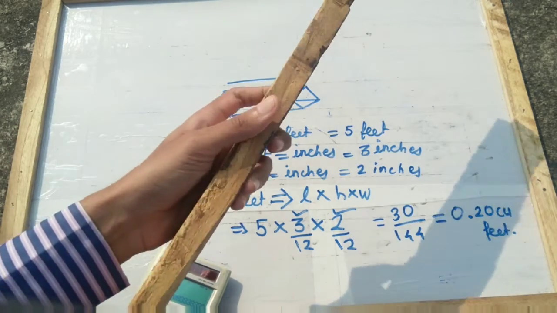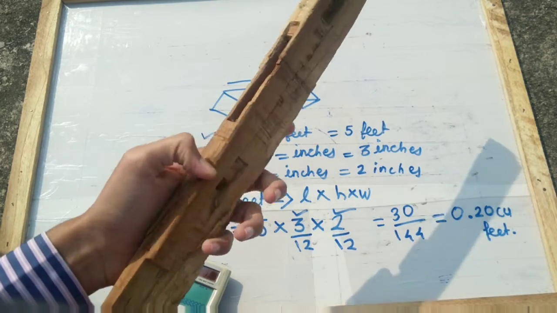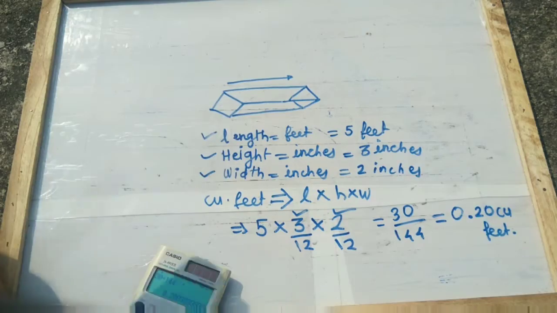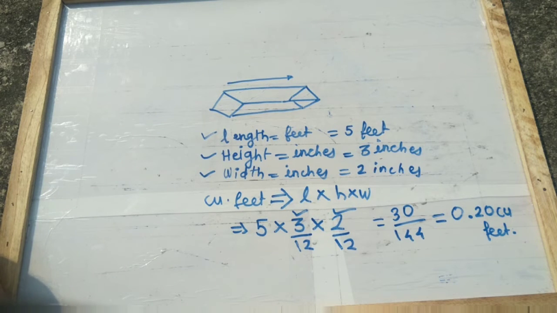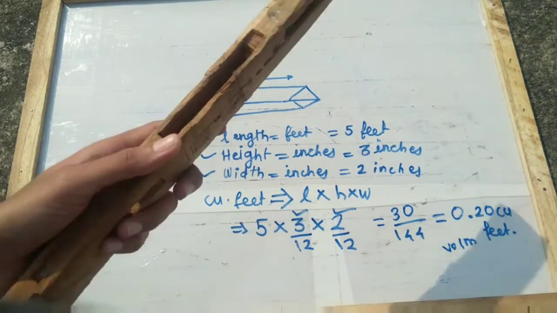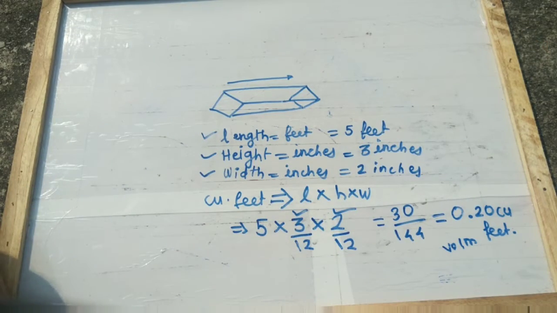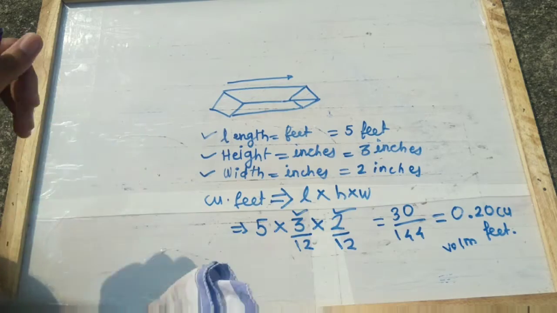Suppose this is the volume of this wood piece. Now we need to understand what is the price of this cube feet. This is the size, the volume of this wood piece. Now we need to understand what is the rate of this cube feet. So friends, our volume is 0.2 cubic feet.